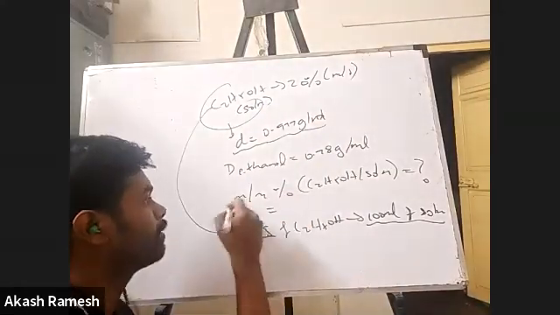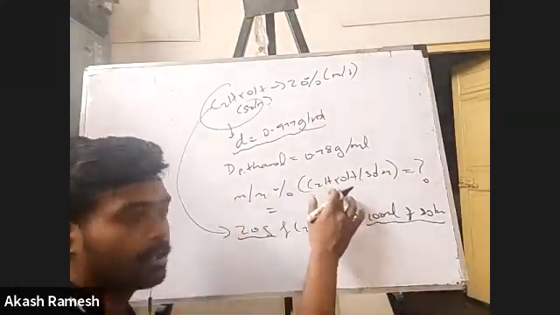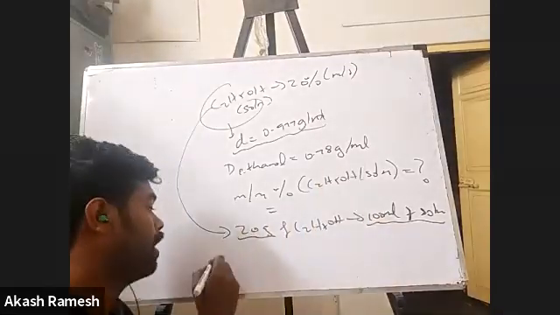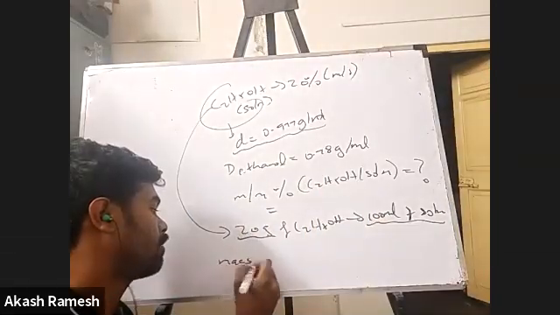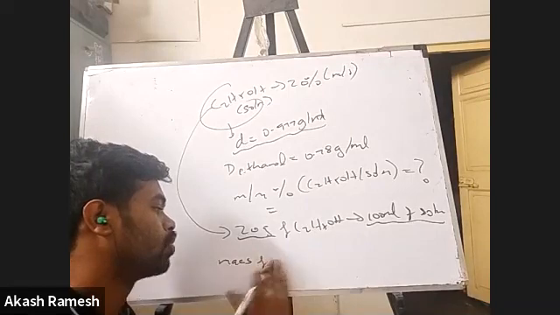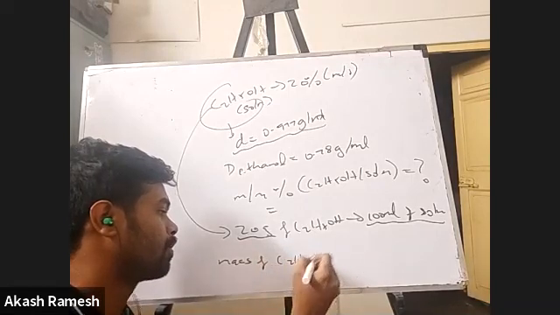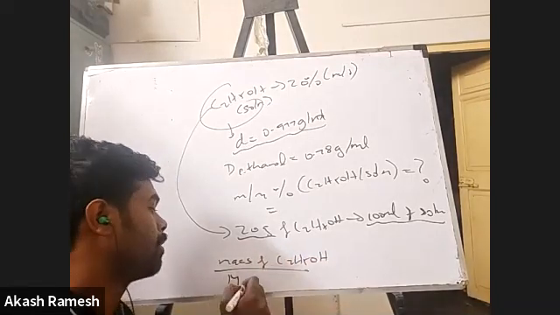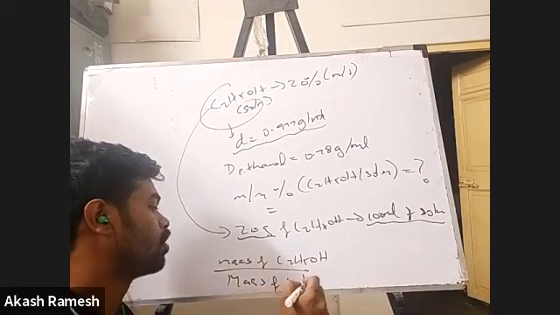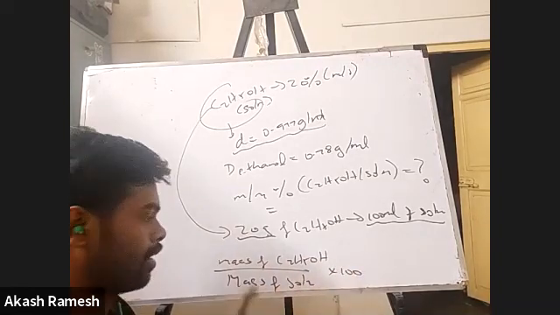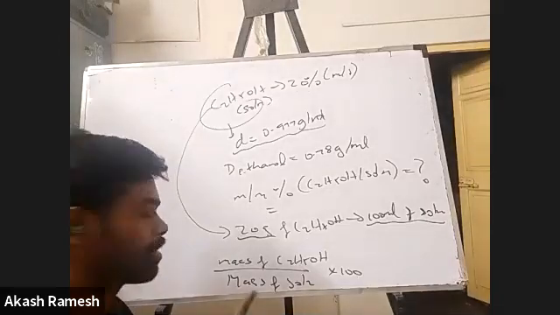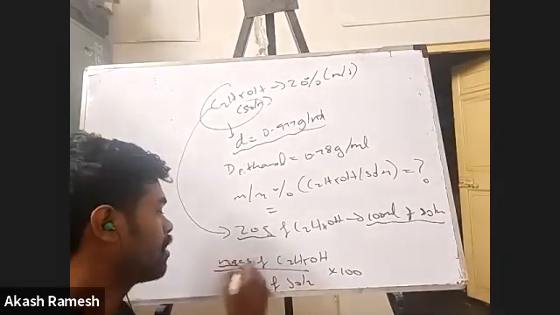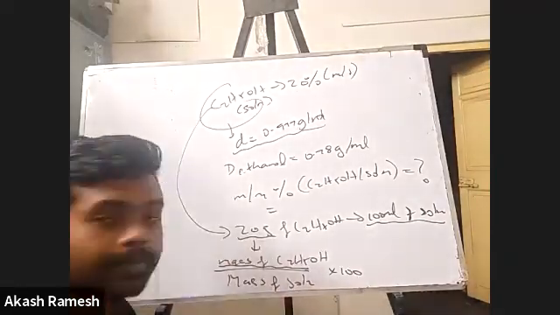So please understand, for mass by mass percentage of the solution, what is the formula? It is mass of solute. In this case, solute is what? Solute is C2H5OH divided by mass of the whole solution into 100. This is what we need. Correct. Now this term we already found out, 20 grams.